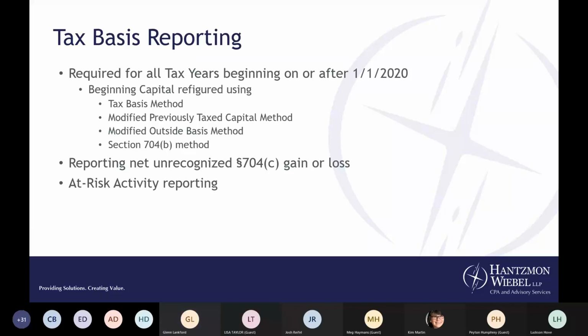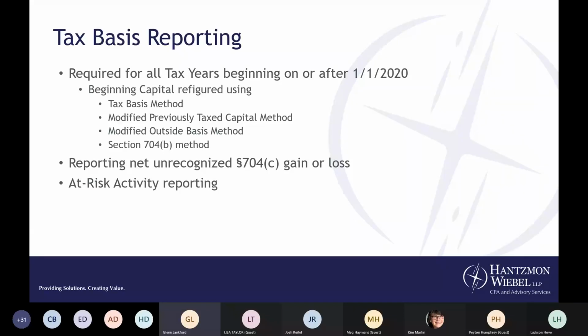So if I contribute a piece of land that's worth $10,000 to a partnership and my tax basis in it is $1,000, there's a $9,000 Section 704C pre-contribution gain on that.